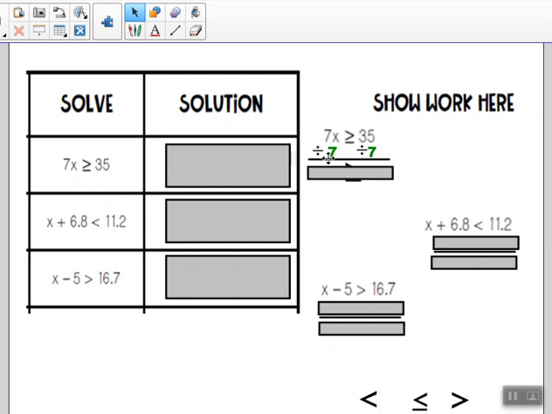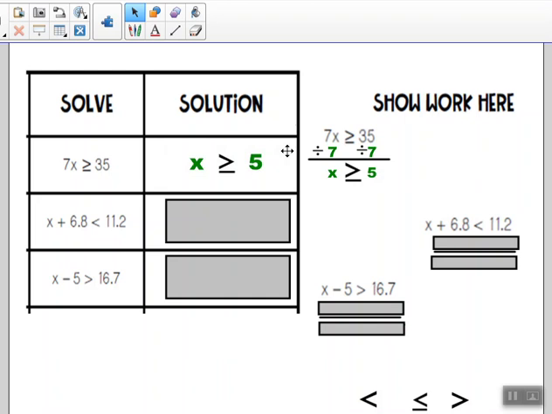So divide that side by 7 and divide this side by 7. And now we're left with x is greater than or equal to 5. So that's our solution for this inequality. X can be anything that's greater than or equal to 5. That means it can be 5, it can be 6, it can be 7, it can be 8. All right, so there's your solution set right there.